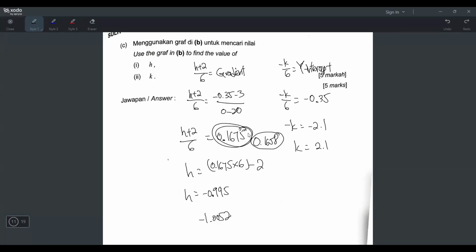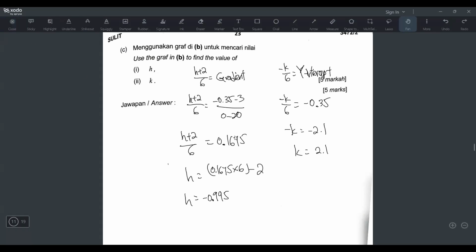Let me press. The difference is 0.0017. Like the schema gradient answer and my gradient answer is 0.0017. So the difference is very small, and it's fine. For linear law questions, it's fine to not get exactly the same as the schema, because they will give you a range one.